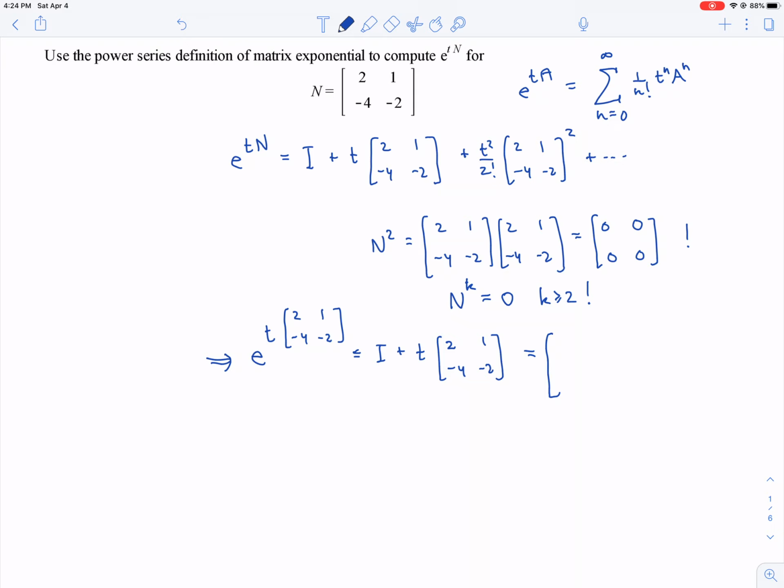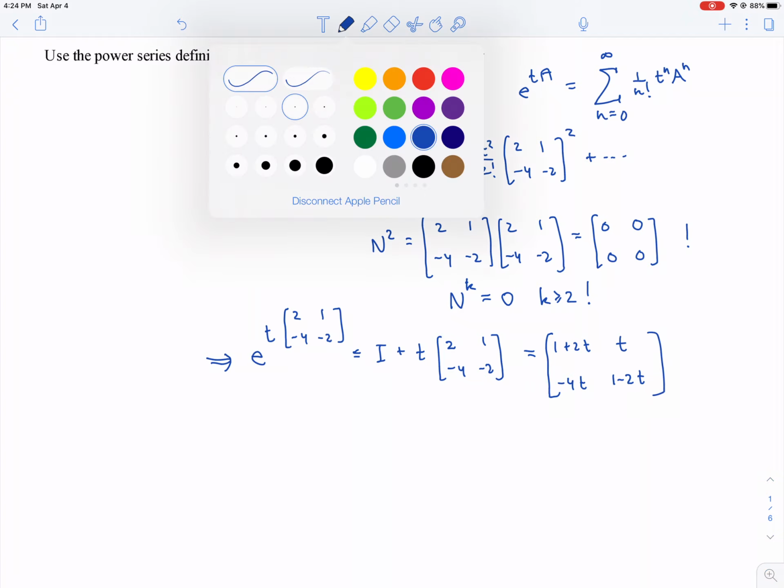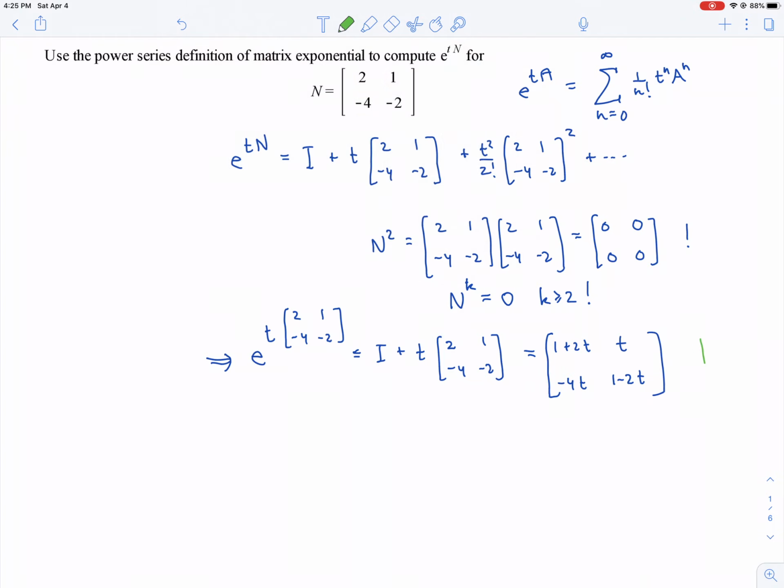And so in the 1, 1 entry, I get a 1 plus a 2t. In the 1, 2 entry, I get a 0 plus t. In the 2, 1 entry, I get a 0 minus 4t. And in the 2, 2 entry, I get a 1 minus 2t. Well, that's got to be just about the easiest matrix exponential we've computed yet.